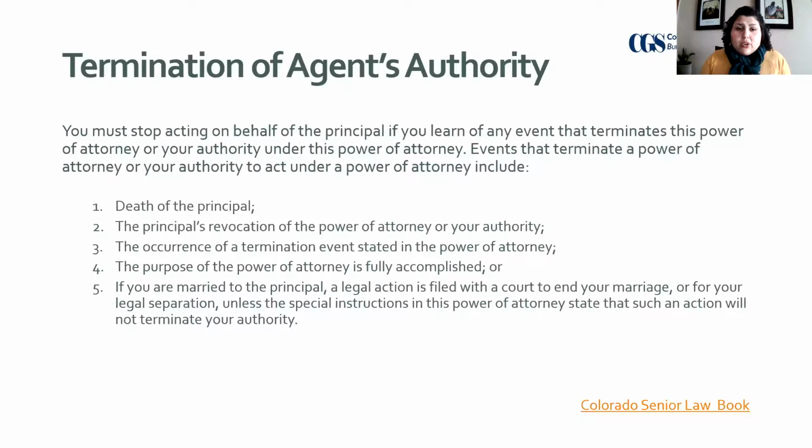So make sure that if you do get divorced and you had your spouse listed as your agent, you either have to complete a new one after the divorce decree, to name a new agent, or name your ex-spouse.